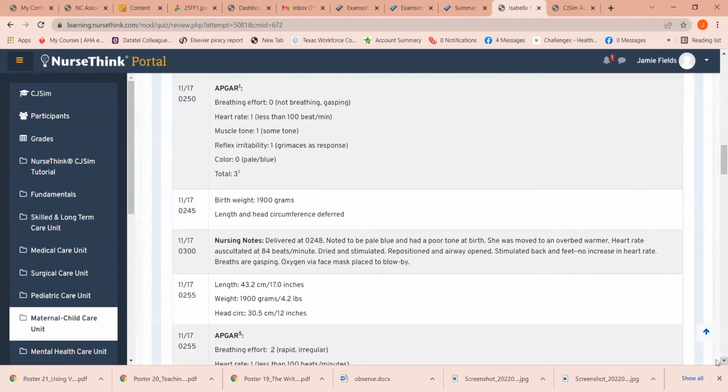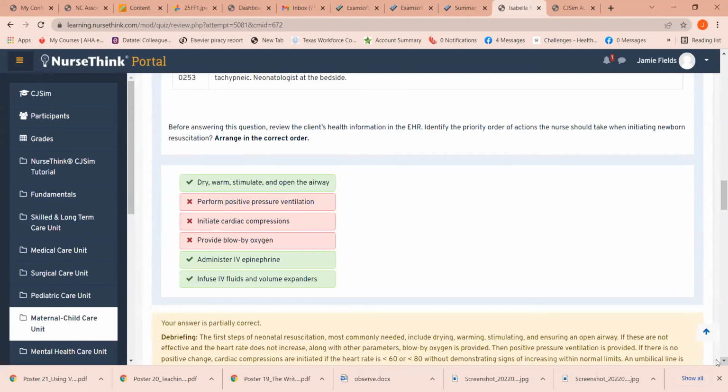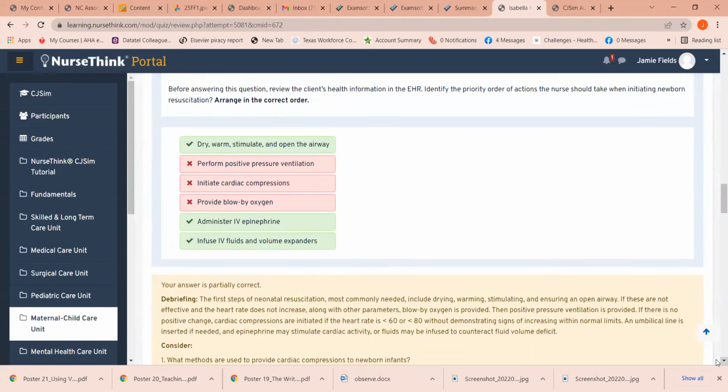Let's look at the neonatal resuscitation. Okay, the first step is dry, warm, stimulate, ensure an airway. You did that. If these are not effective, heart rate does not increase, then we do blow-by oxygen. So blow-by would have been above that.